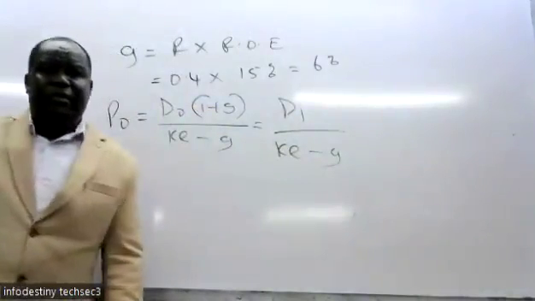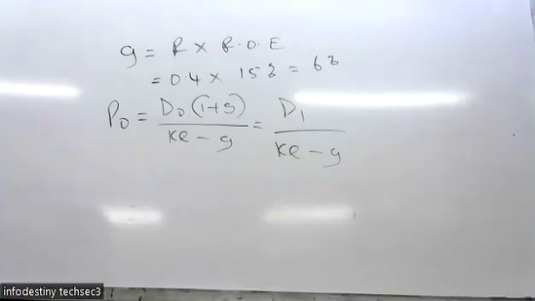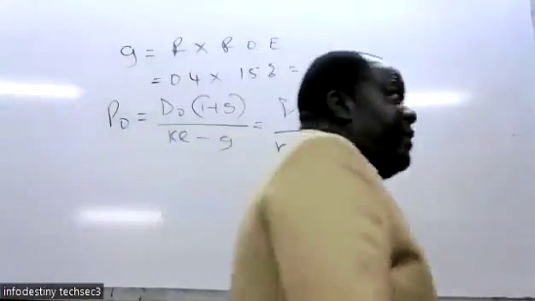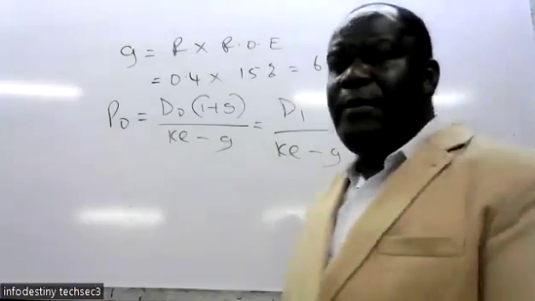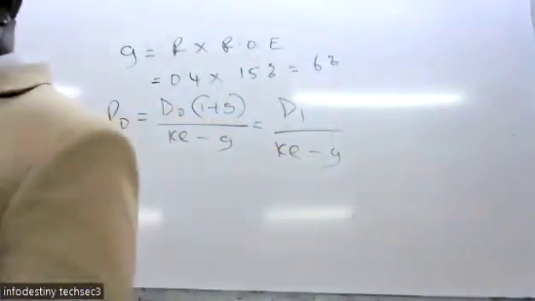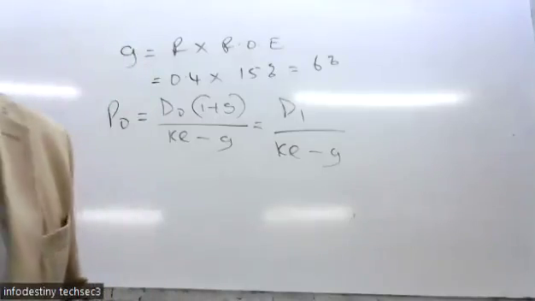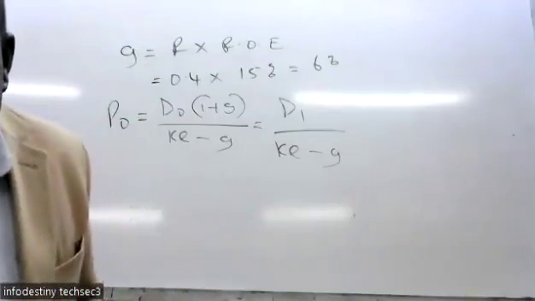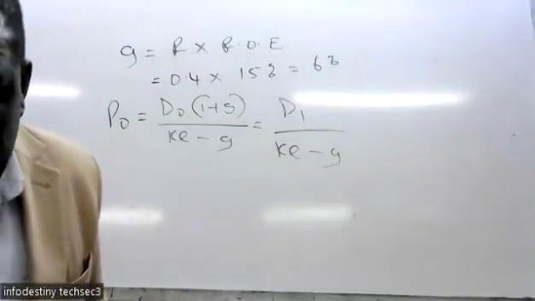We have explained that D0 is the last dividend that was paid, and D1 is the next dividend to be paid. In that question, they have given you the next dividend to be paid.